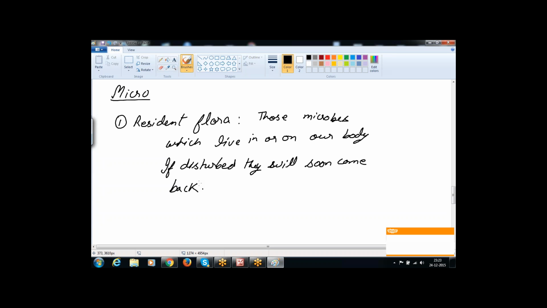That is what I mean by disturbed: when killed somehow. The medicines will not only kill the disease causing ones, they will also kill the resident flora. But after we stop the medicine, these will soon come back. They will be built again.